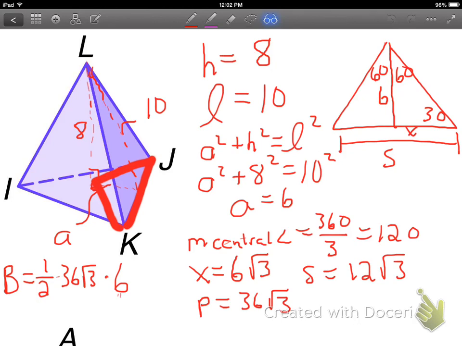Okay, that's going to give us the area of the base at 108 square root 3. With that information, you have everything you need to fill into your formulas for the lateral area, the surface area, the total surface area, and the volume.